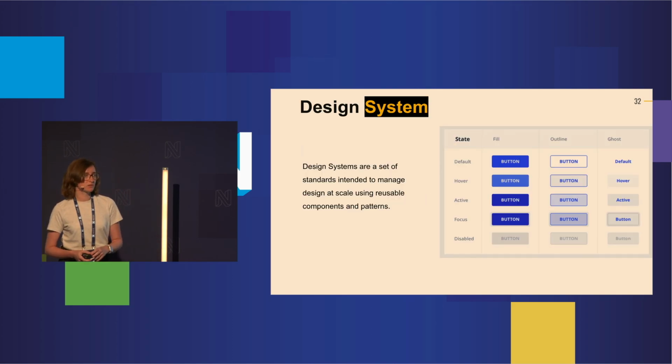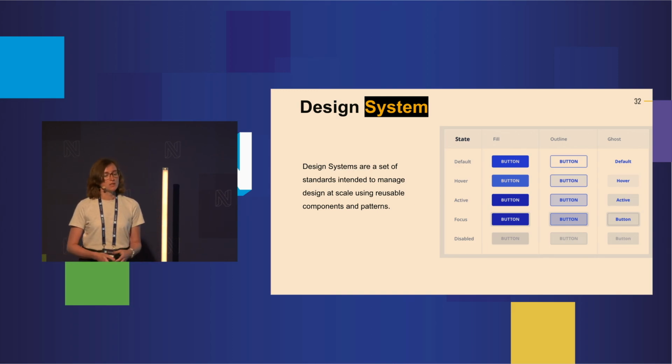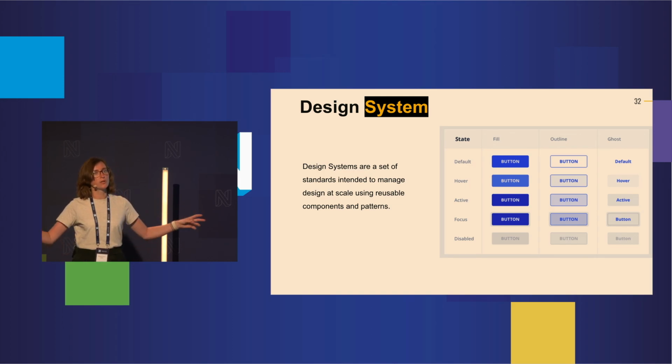The next step to that, after you have your tokens, you already know all your colors and your sizes and your spacing. At some point, you will start working on a design system. You will start defining the actual components that are used within your application or within your multiple applications.